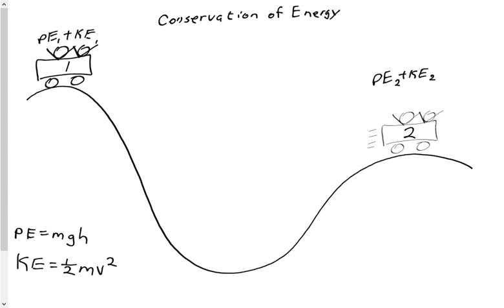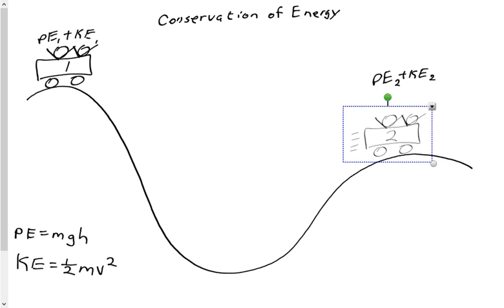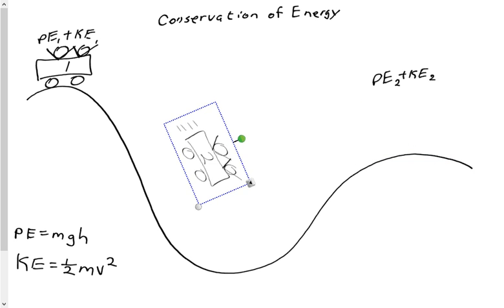Then here we have the roller coaster speeding along, and this is going to be at position 2, going over the next hill, and hence the subscript of a 2 under the PE and KE. At each position, regardless of where he is, position 2 could instead be somewhere right there.